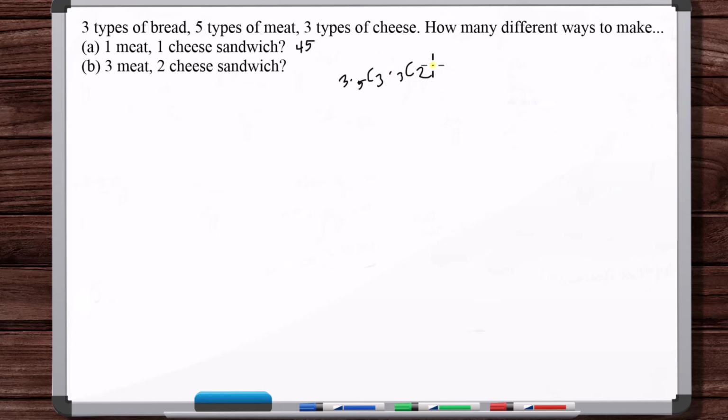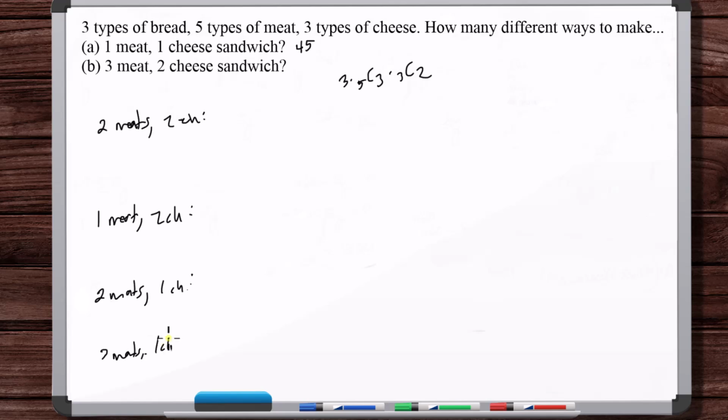In that case, this is one part where we chose 3 meats and 2 cheeses, but then we could also choose 2 meats and 2 cheeses, 1 meat and 2 cheeses, 2 meats and 1 cheese, 3 meats and 1 cheese. You have to go through all the different combinations, do a separate counting problem for each, and then add them all up.